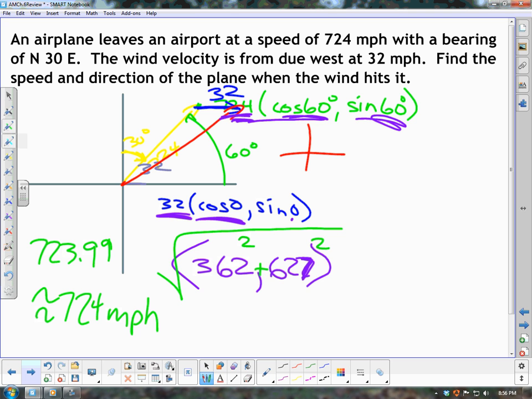And the direction it's going would be inverse tangent of 627 over 362, which is approximately 60 degrees. It's like 59.9. Or wait a minute.